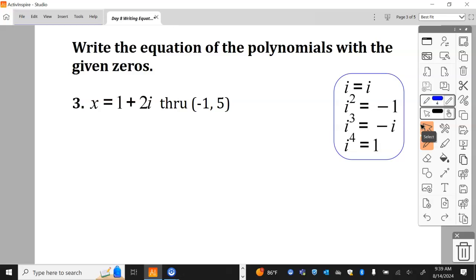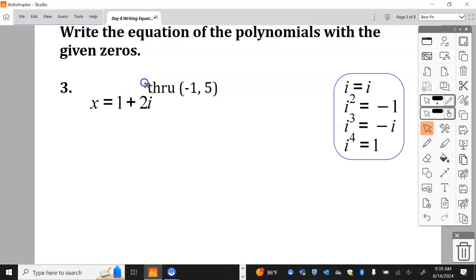This example does involve foiling 3 terms, and there is a little shortcut that I'm going to show you, which is going to be really helpful for the next example as well. So let's get rocking and rolling. Okay, if we're writing the equation, I gave you the zero, so we need to write it as a factor and solve for our leading coefficient, just like before.